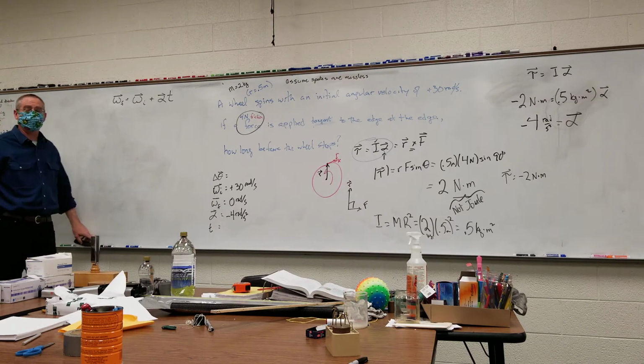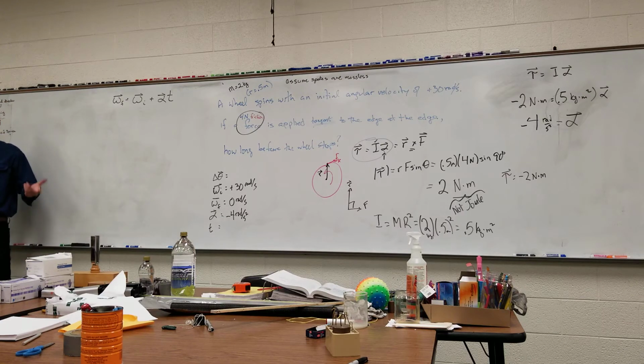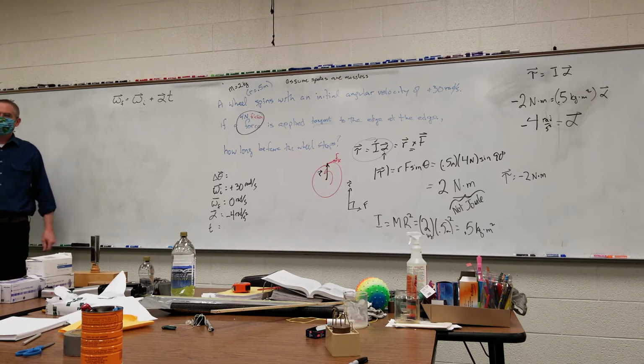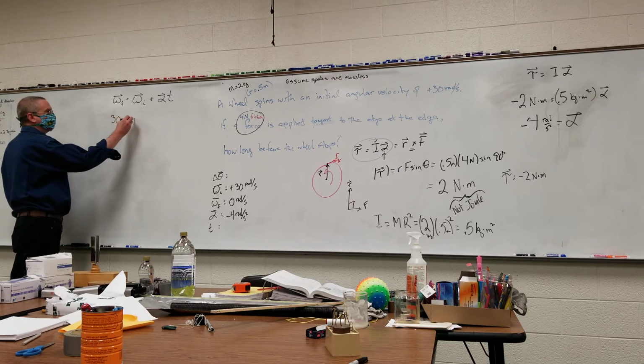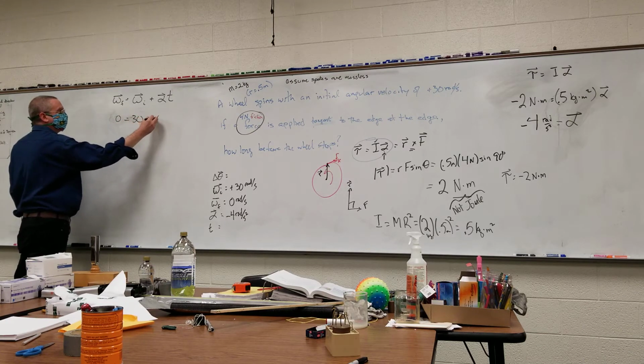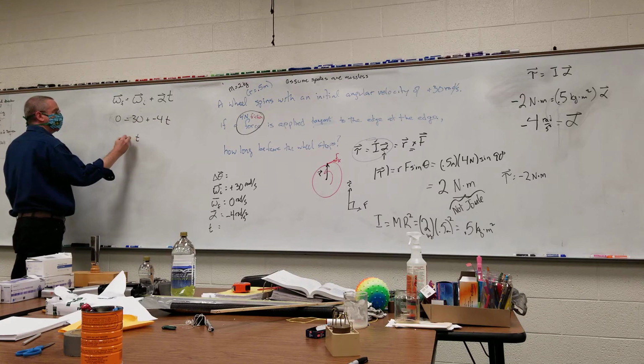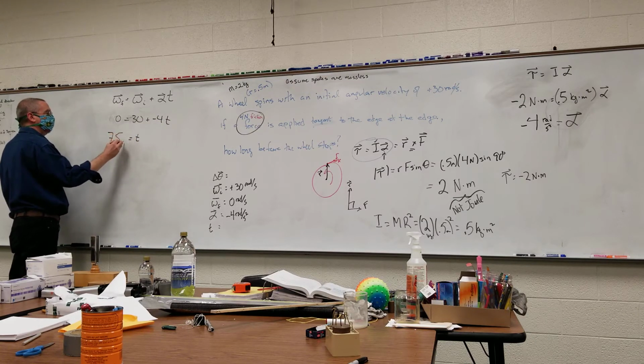As soon as I said W, it would have been perfectly fine for one of you just to go, whoa, no. So now it's 30 is equal to 0, or doing it the other way, 0 is equal to 30 plus -4t. t is 7.5 seconds.